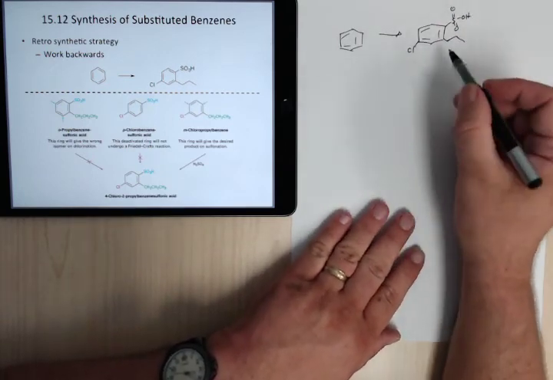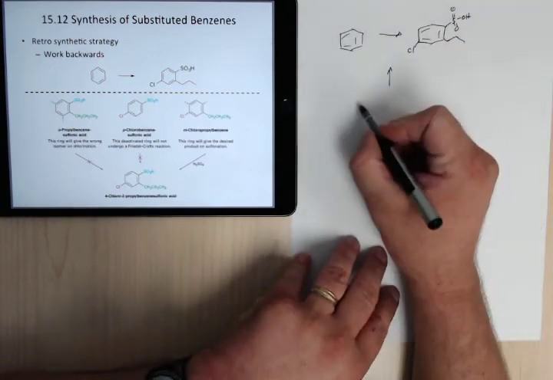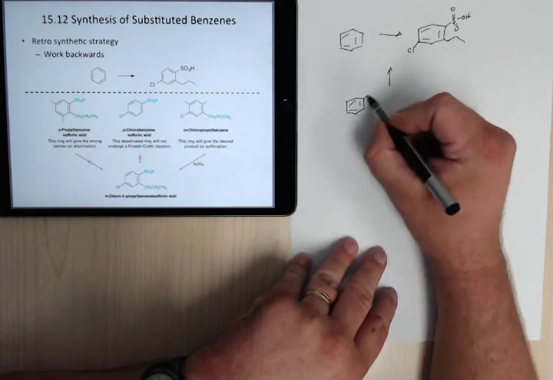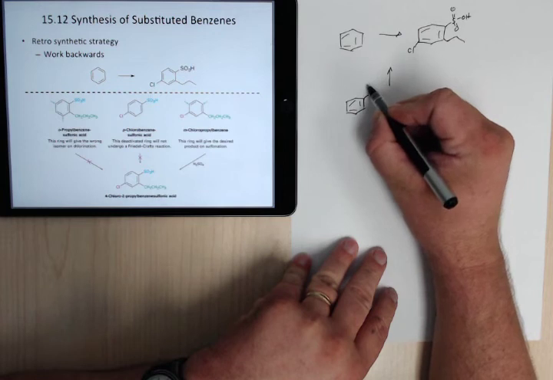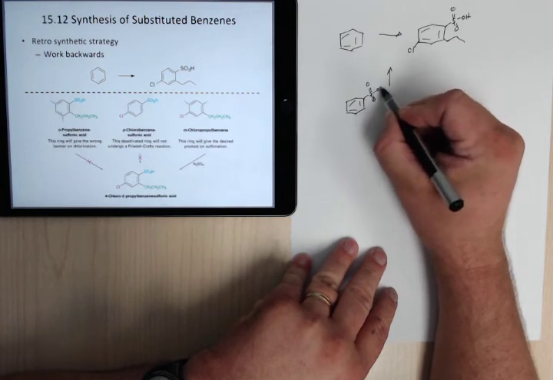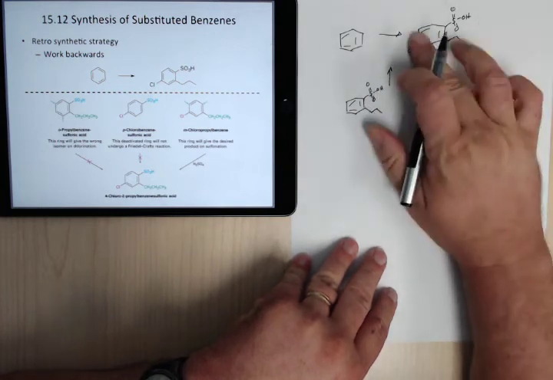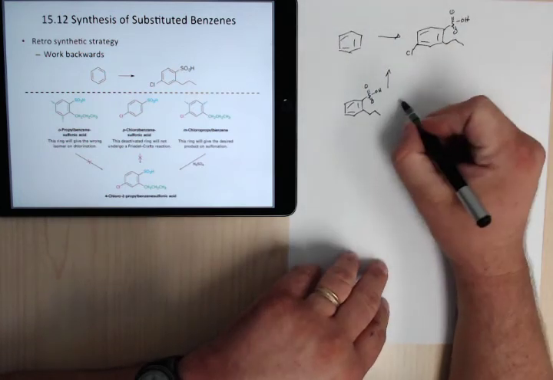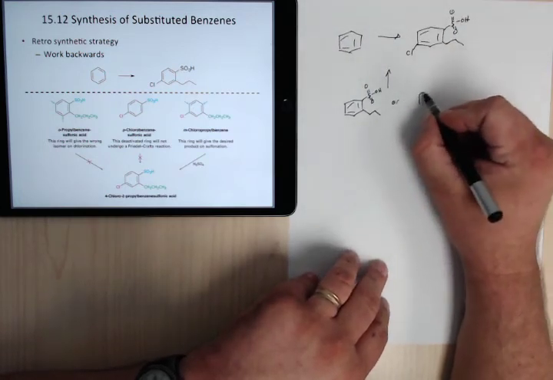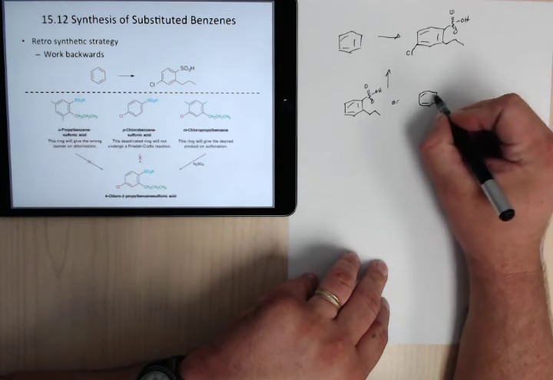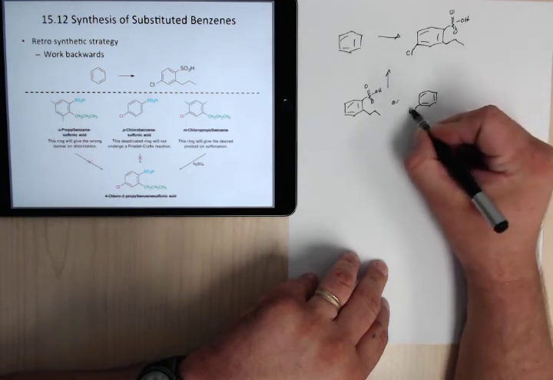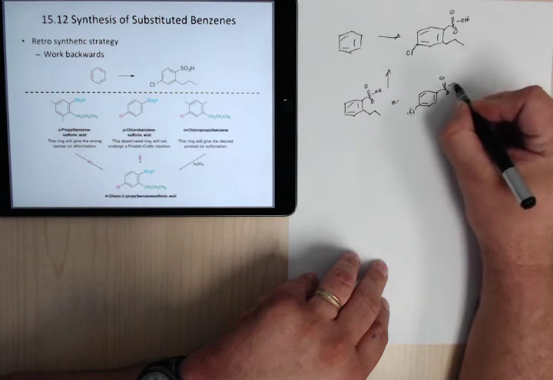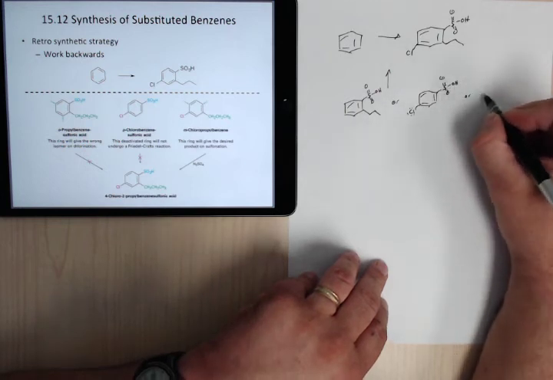To get to here, we're either going to have to go through this intermediate. In the last step, you're either going to put this on, or that on. So this, or this?